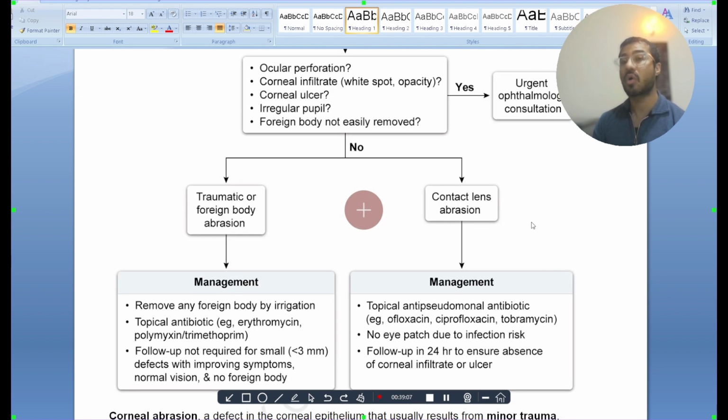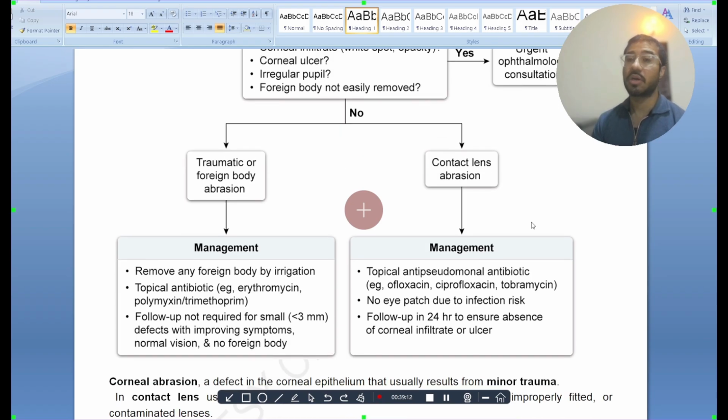If it was contact lens use, then what are you gonna do? You're gonna do fluoroquinolone drops, or anti-pseudomonal drops. It's the same thing. You can use tobramycin, ciprofloxacin. It's just a fluoroquinolone. The high yield thing about this is: contact lens wearer, fluoroquinolone drops.